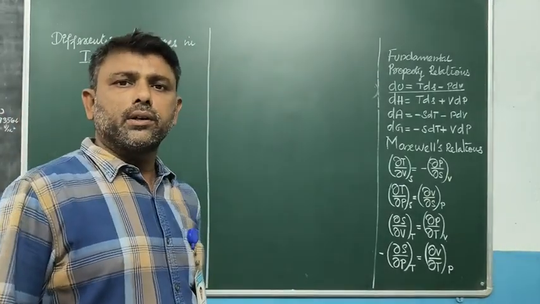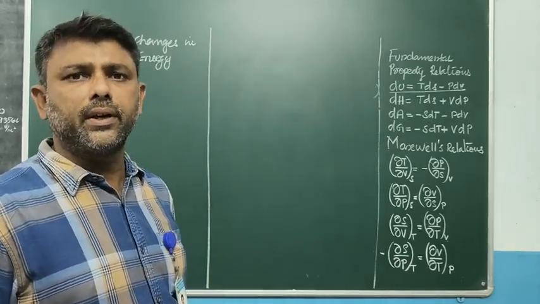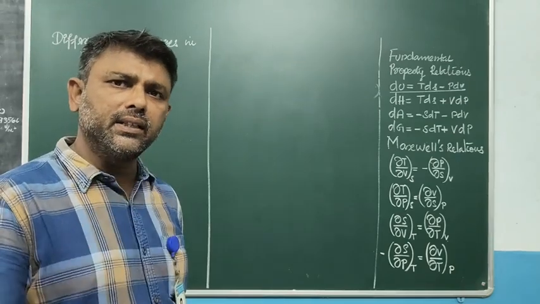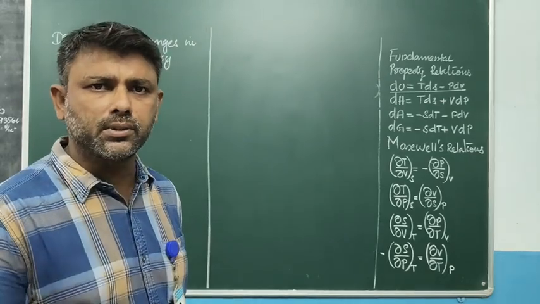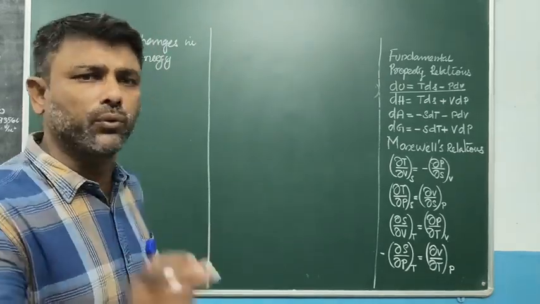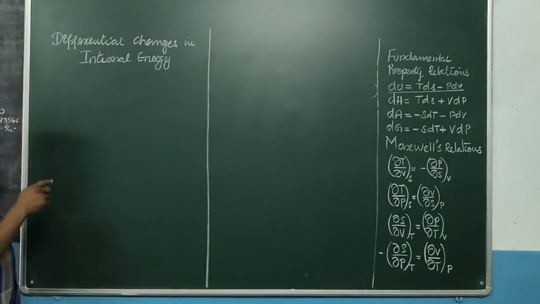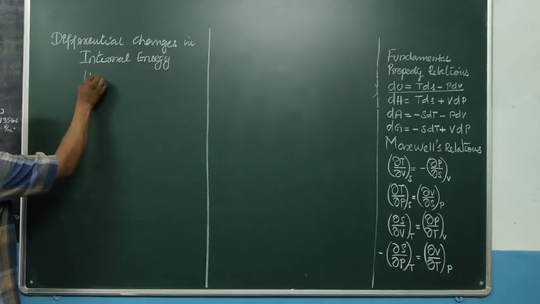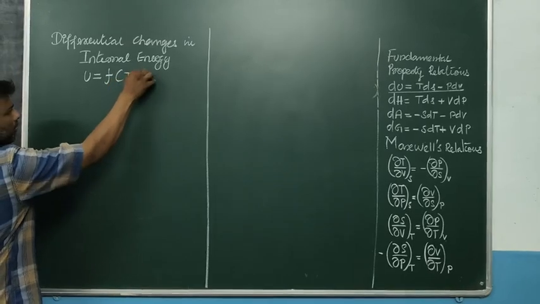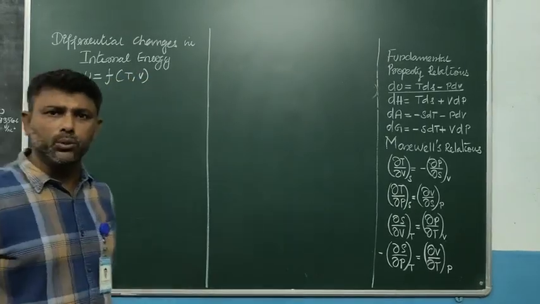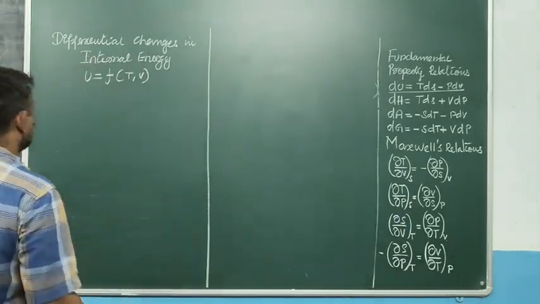Deriving this equation is much more useful in estimating the differential changes in internal energy for a single compressible substance or single compressible fluids. For that, internal energy U is assumed to be a function of temperature and volume.